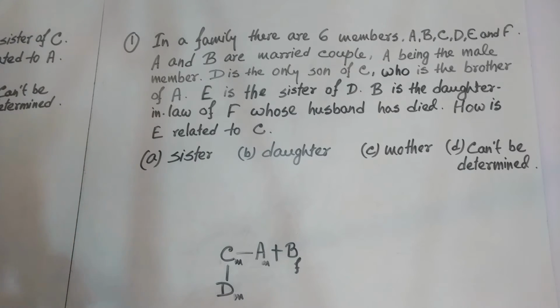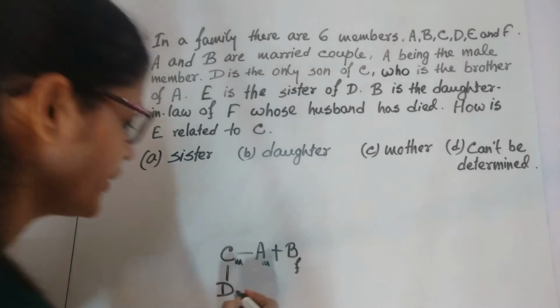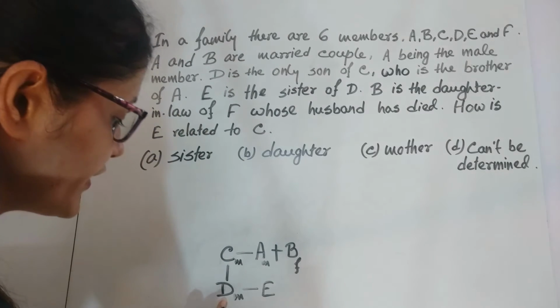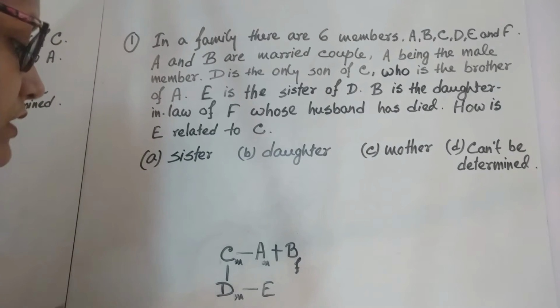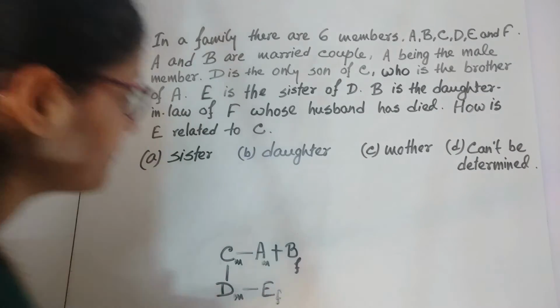E is the sister of D, so E also belongs to the generation in which D belongs, and E is the sister, so E is a female member.